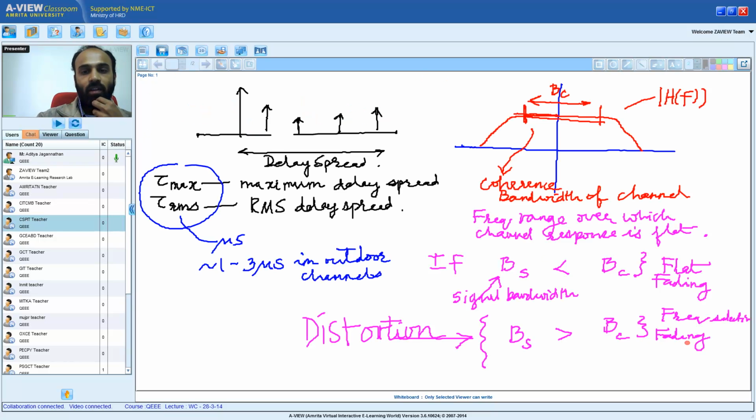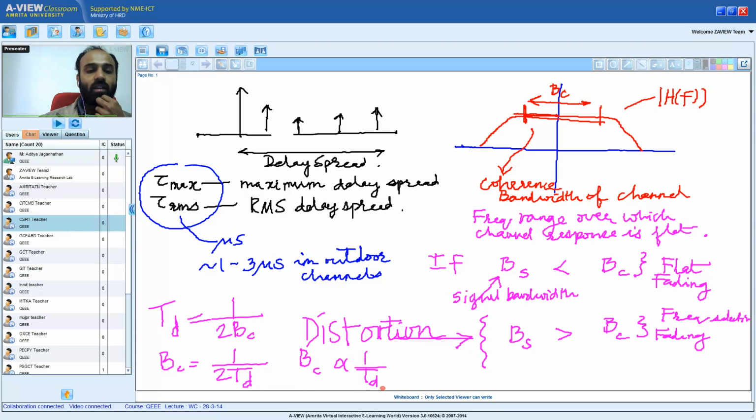The relation between coherence bandwidth and delay spread is BC equals 1 over 2 TD, because the coherence bandwidth is inversely proportional to the delay spread. As the delay spread increases, the coherence bandwidth decreases. For a small delay spread, the coherence bandwidth is large, and for a large delay spread, the coherence bandwidth is small.